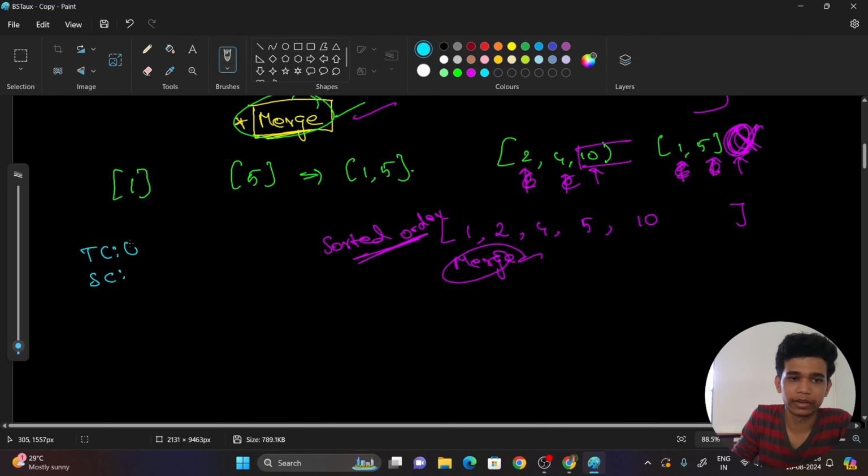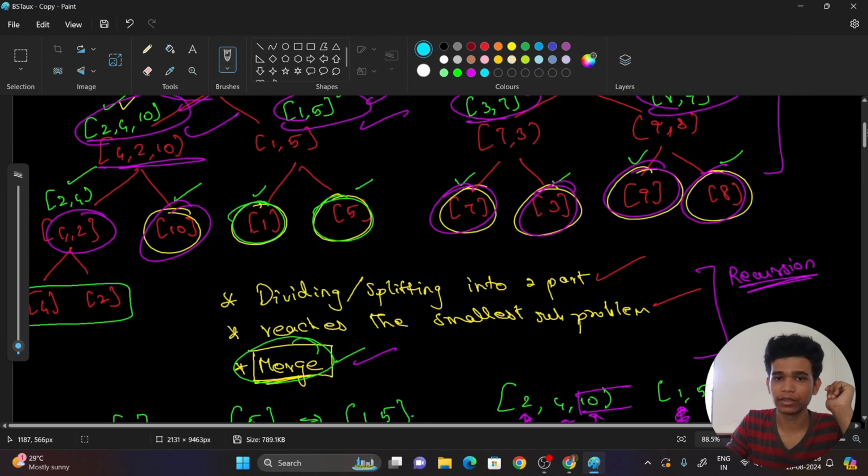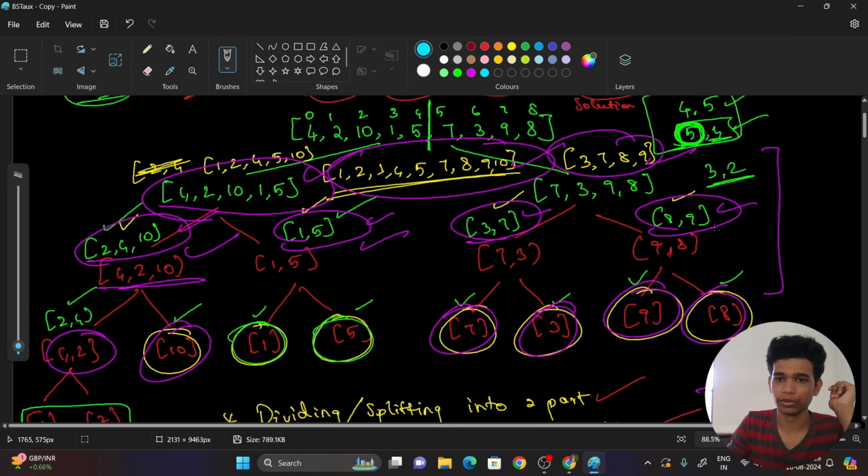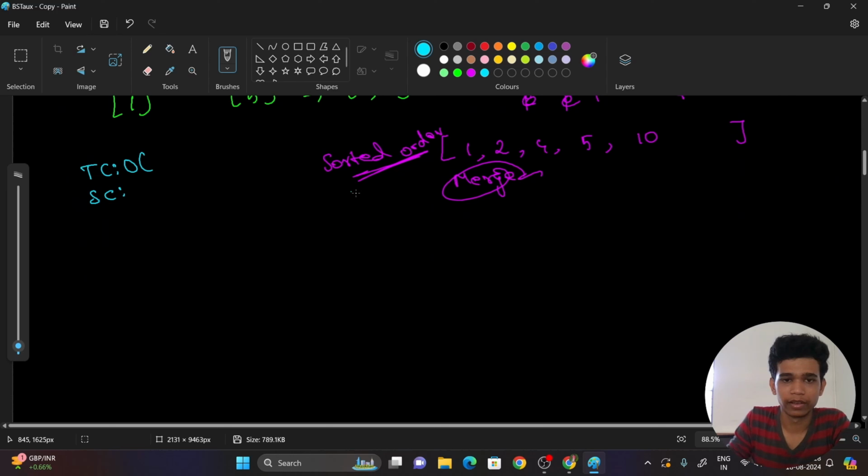I can tell you that the time complexity will be, just observe carefully. First of all, we are splitting it into 2. Each time it is dividing by 2, so it goes maximum up to log of the length of this array. Can you understand this? See here, if the length of this array is 8, then it will be further divided to 4, then 2, then 1.